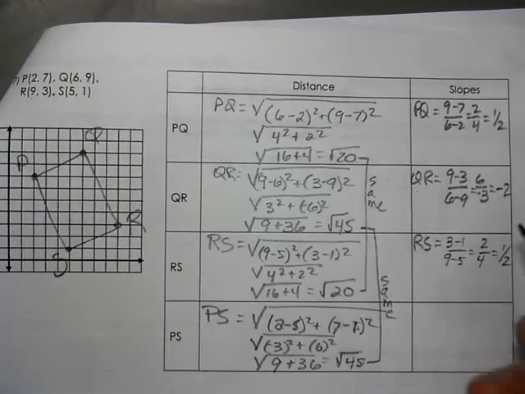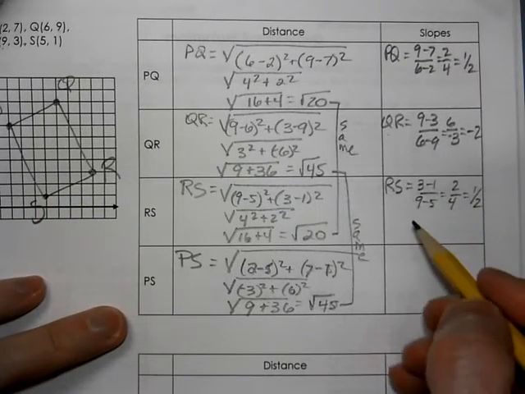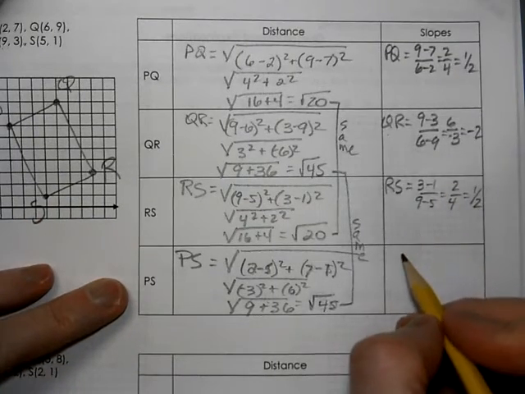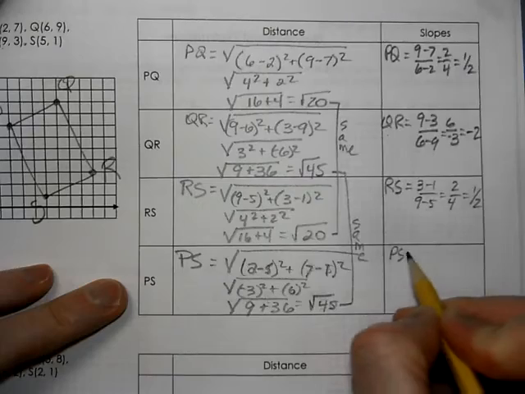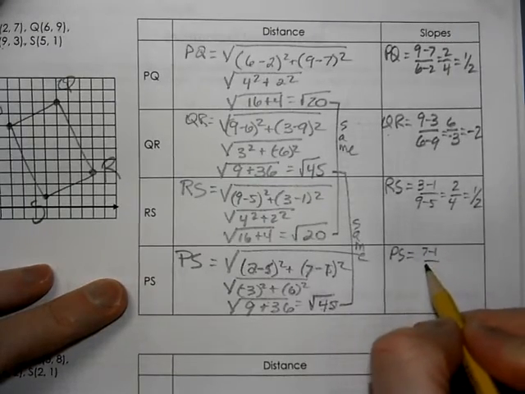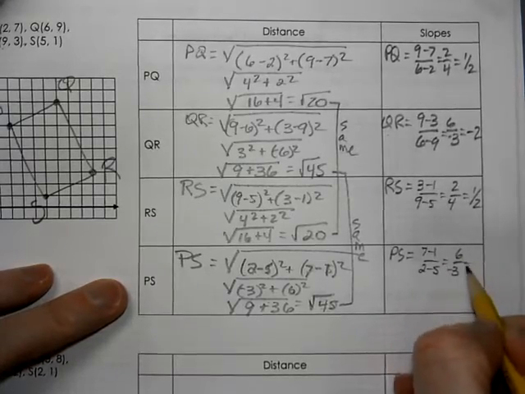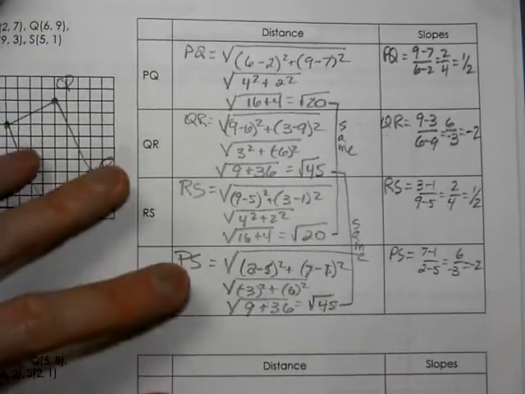That's 1/2, which is matching the slope of PQ. PS, 7 minus 1 and 2 minus 5. 6 over negative 3, which again is negative 2.